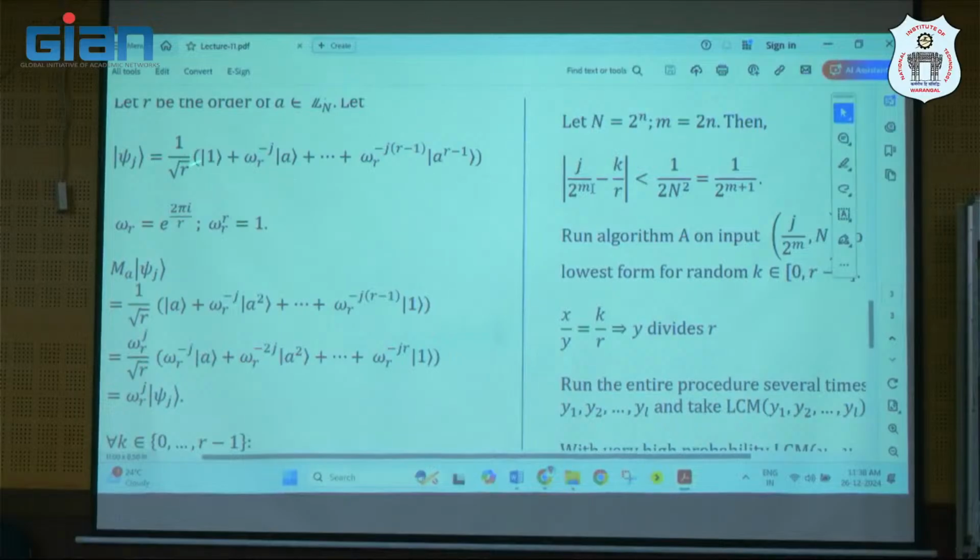The definition is simple: start with 1, keep multiplying by a, and the exponent of omega r is minus j times the exponent of a. Here it is r minus 1, here it is 1, here it is 0. Clear?